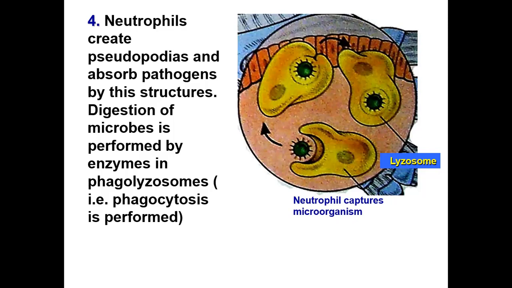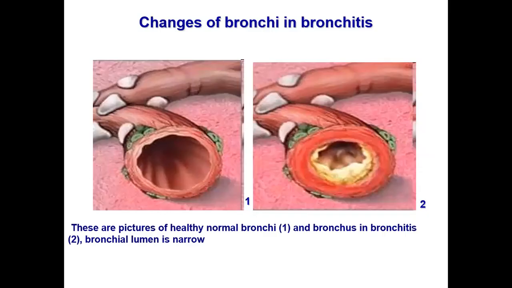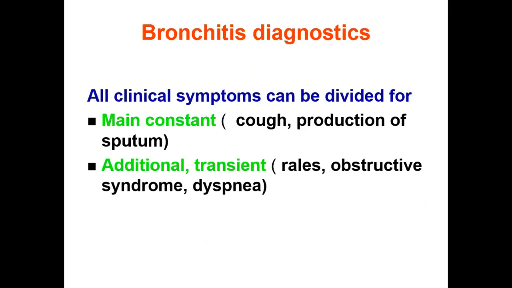Digestion of microbes is performed by enzymes in phagolysosomes, and phagocytosis is performed. Fifth, last stage, the microorganisms are destroyed. Remnants of pathogens can be excreted on the cell membrane. Change of bronchi in normal conditions and during bronchitis.